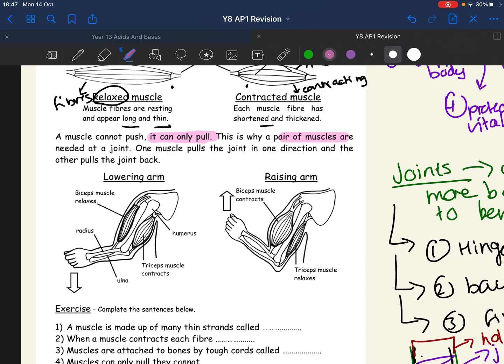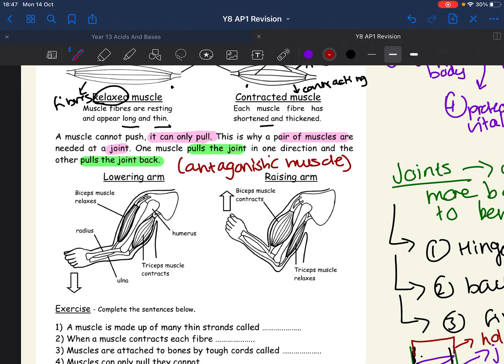This is why a pair of muscles are needed in a joint, because one of the muscles will pull the joint in one direction and the other pulls the joint back. This keyword is known as antagonistic muscle pairs.